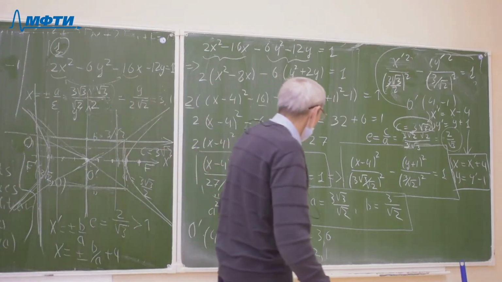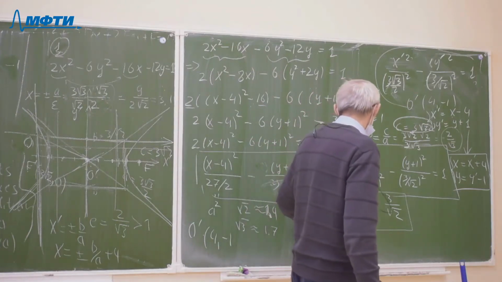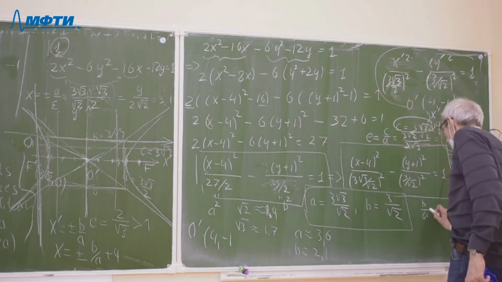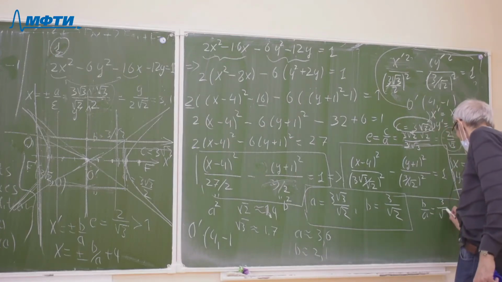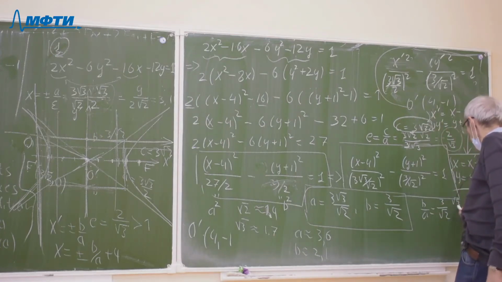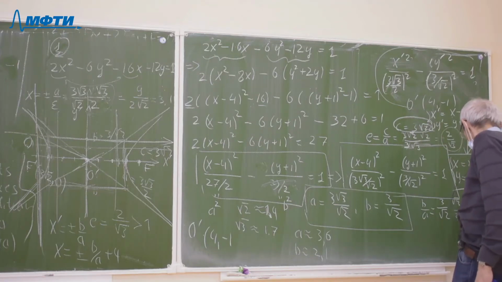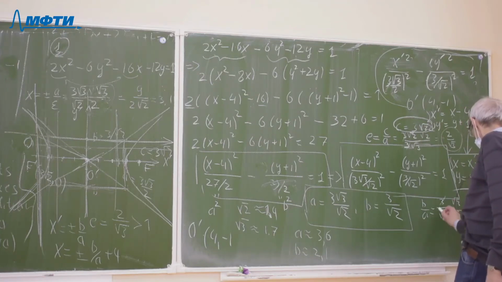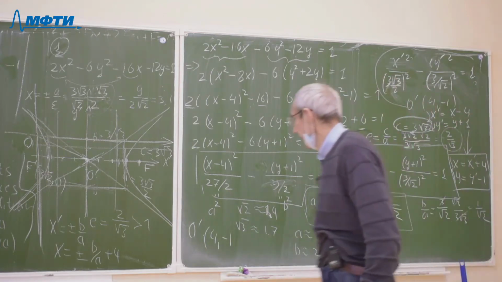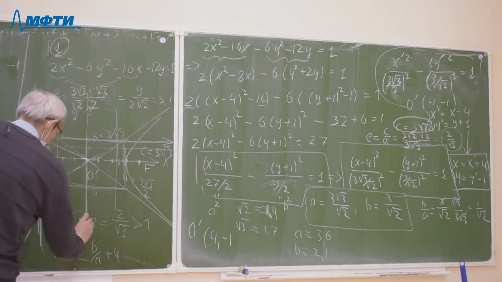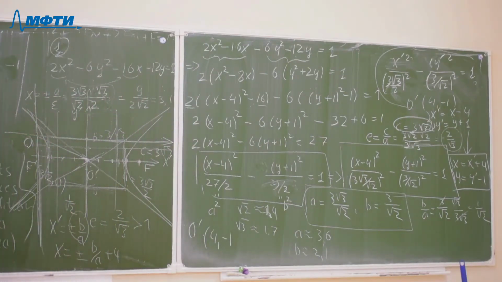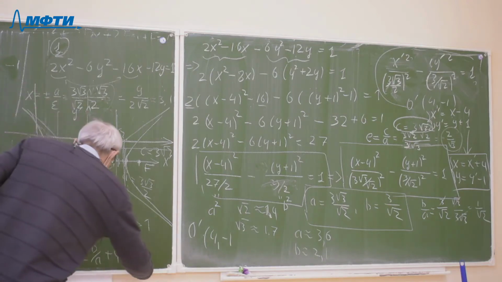B is this one, a is this one, and the ratio b to a is 1 to root 2.